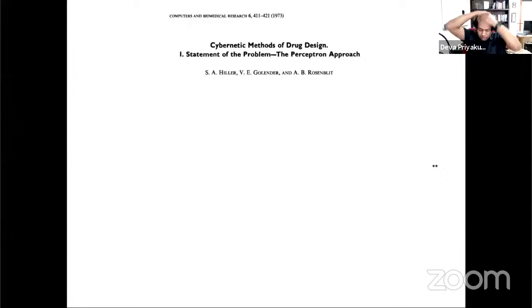Right. So artificial intelligence methods, or the AI machine learning methods, are not so new, especially in the area of drug discovery or drug design. People have been using them for a long time. Artificial intelligence has existed for a long time as an area.